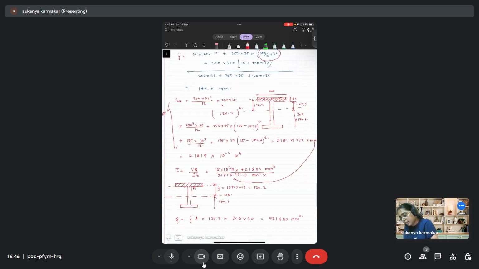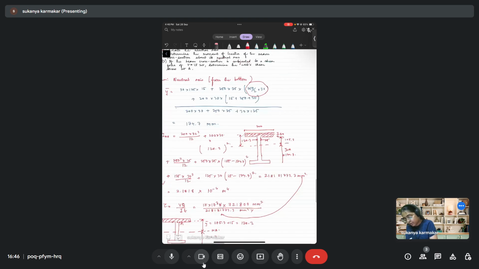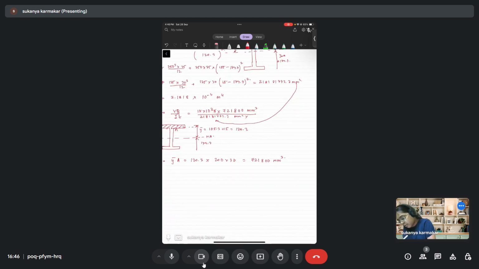Here, we know that this width is 25 mm. So use that, 25. Whatever you get from the units, you can see it will be in Newton per mm square. So just calculate it.